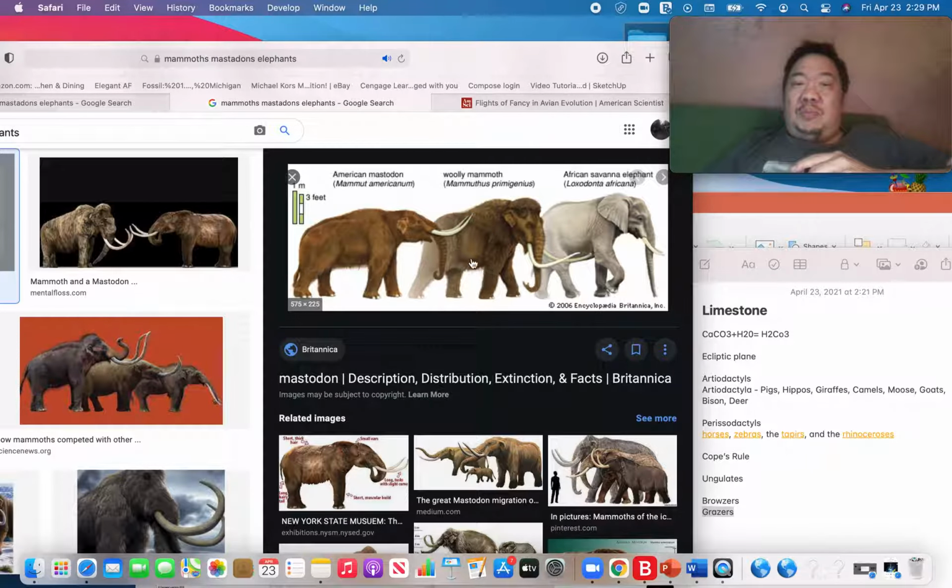And what's the difference? Well, these ancient forms of Proboscidea, you can see, had hair on them, with the woolly mammoth having longer hair and living in the colder parts of the world. We can also see the difference in tusks. Notice how an elephant's tusks point down, whereas a mastodon's tusk will point up and curve upwards.